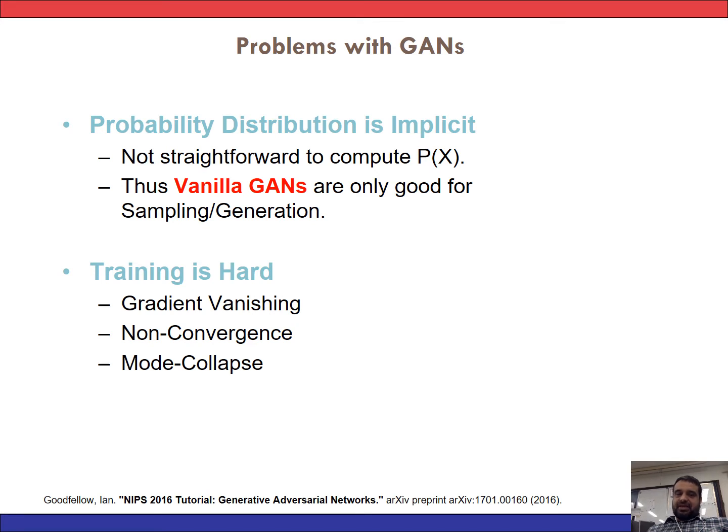One is the gradient vanishing problem. When the gradient is close to zero, the training stops and it does not learn properly. Secondly, non-convergence. And the third one is mode collapse. I will talk about these three problems briefly in the coming slides.